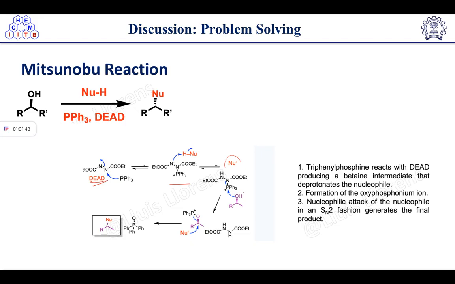Then it takes place here like this way, and then the nucleophile will attack on this carbon and this group will knock out. Nucleophilic attack will take place in an SN2 fashion. SN2 reaction will take place to give the final product.